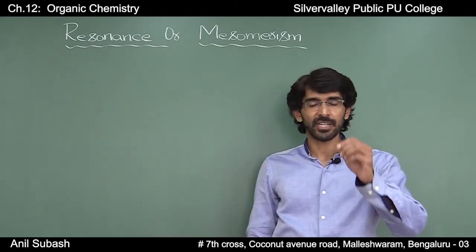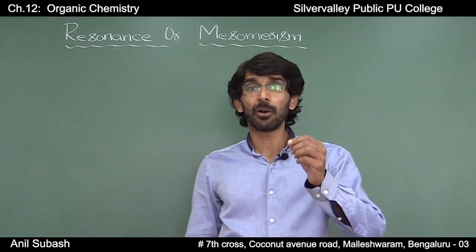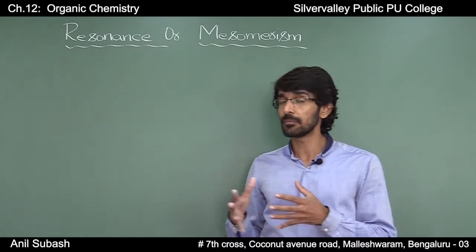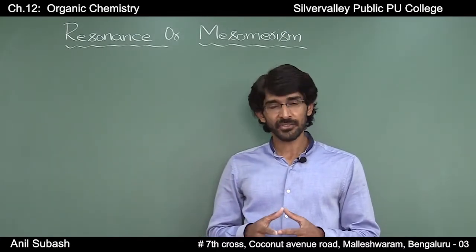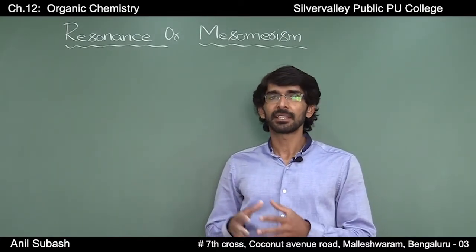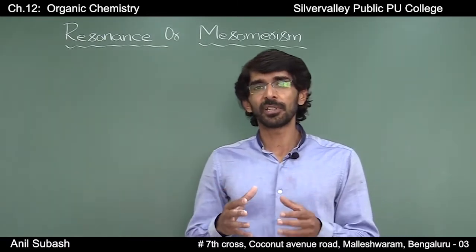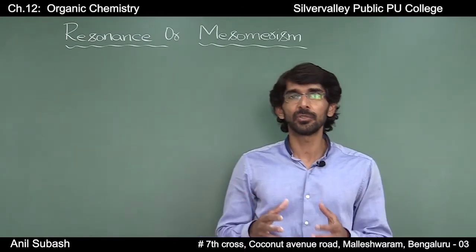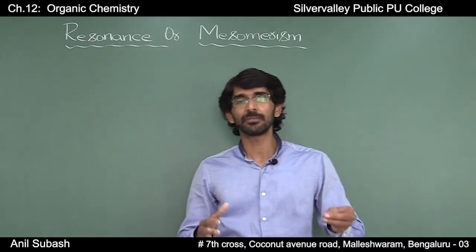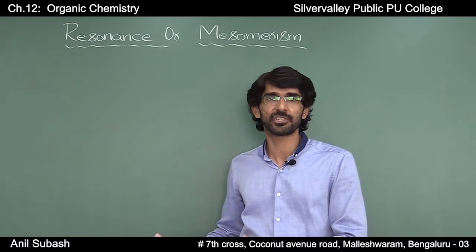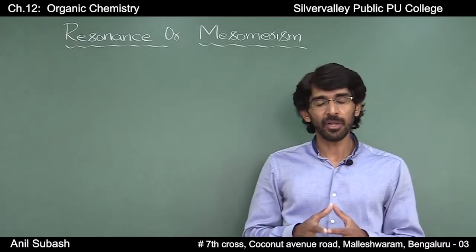Such structures are known as canonical structures, and the actual structure of the molecule is considered to be the resonance hybrid of all these canonical structures, and the phenomenon is known as resonance.